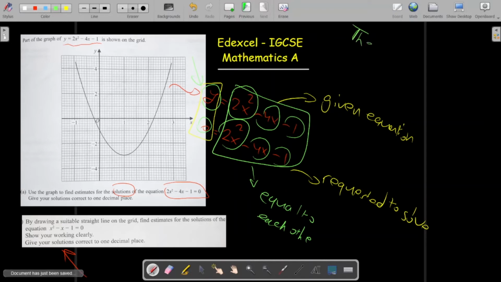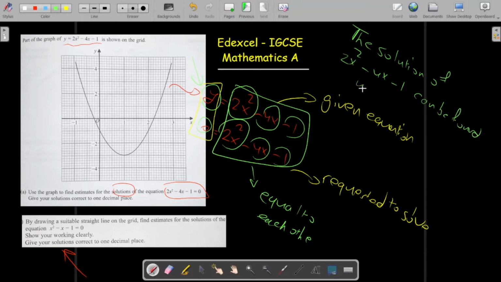the solution of 2x squared minus 4x minus 1 can be found using the equation of a straight line.